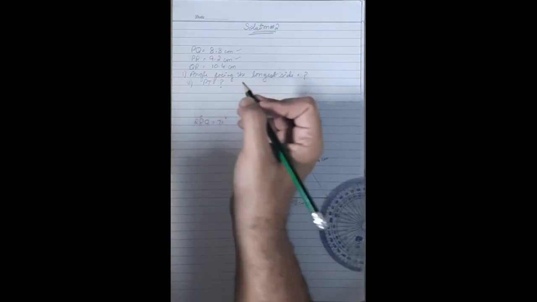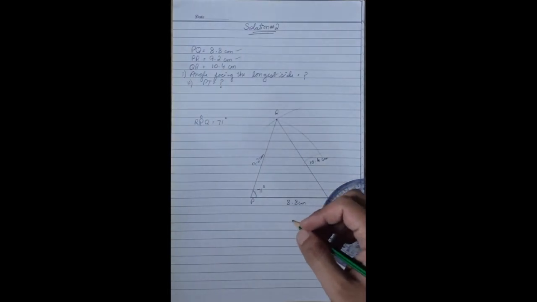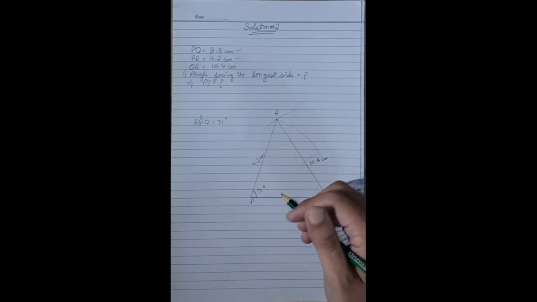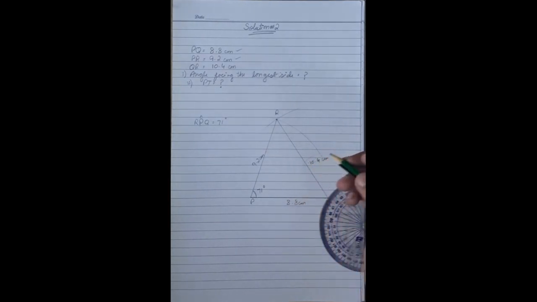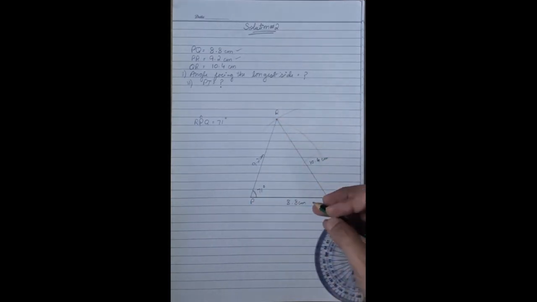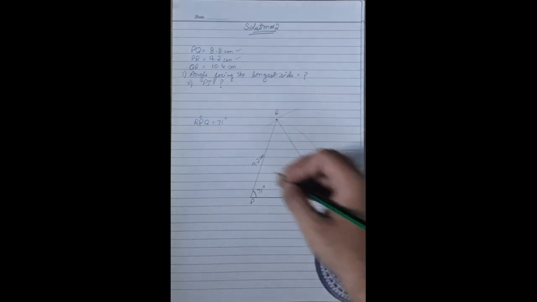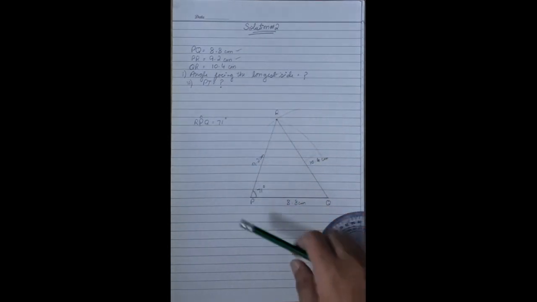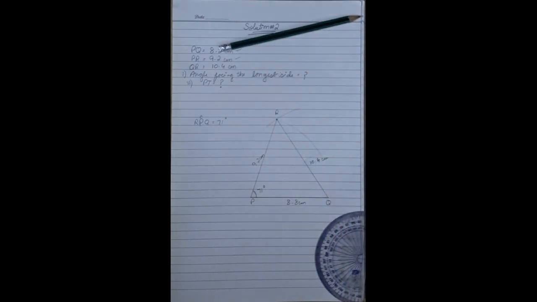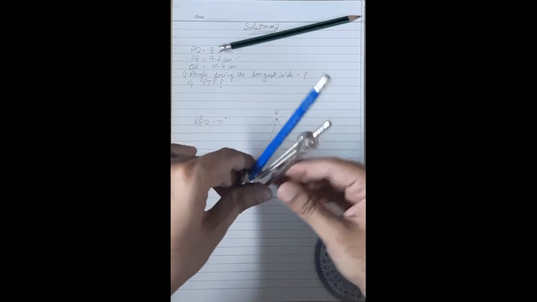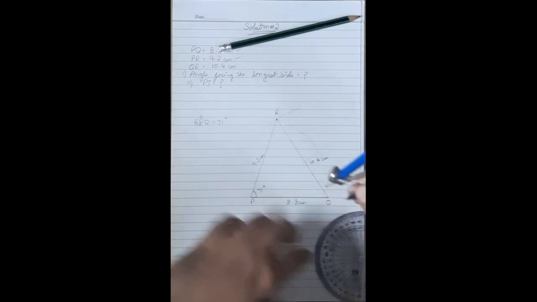Now for the second part, this is PT. So how will we draw T? As it is stated in the question, the angle bisector of PQR, so we need to draw the angle bisector of PQR. So we will bisect this angle Q in order to obtain T. So how will we bisect this Q? We will take the compass, we will open it up with any radius.